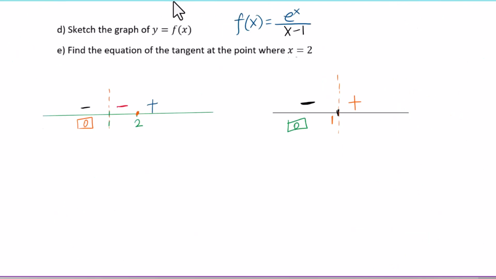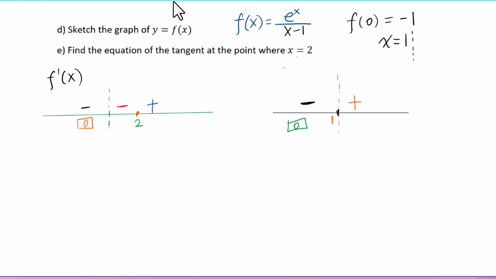D. Sketch the graph of y equals f of x, where f of x equals e to the x power over x minus 1. We already know f of 0 equals negative 1, and x equals 1 is the vertical asymptote line. This is a sign diagram for f prime of x.